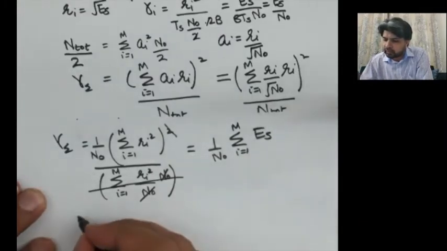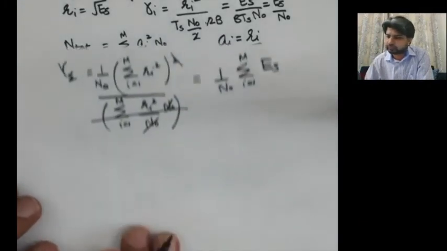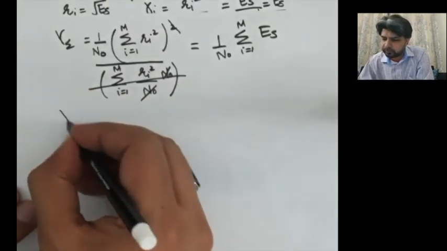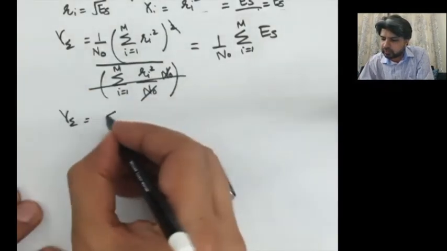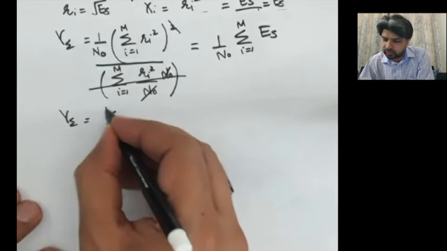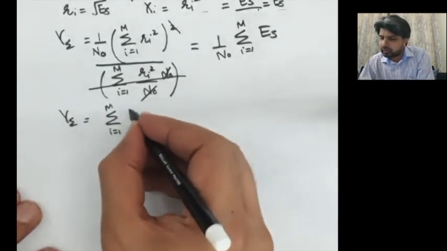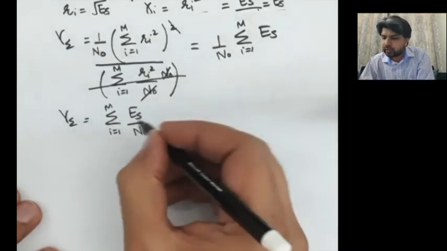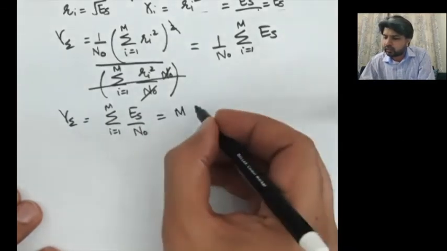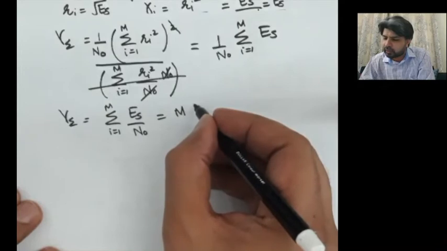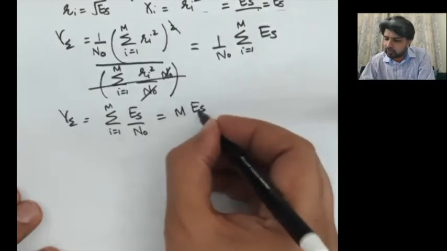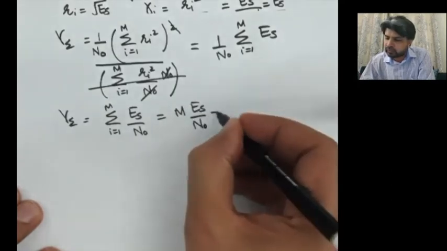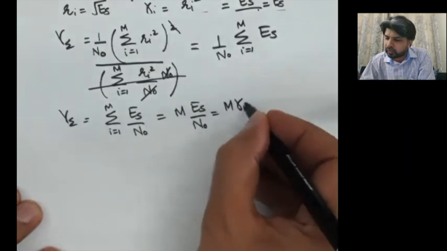Hence your gamma sigma is the summation i equals 1 to capital M of Es over N0, which is M times Es over N0, or M times your individual branch SNR.